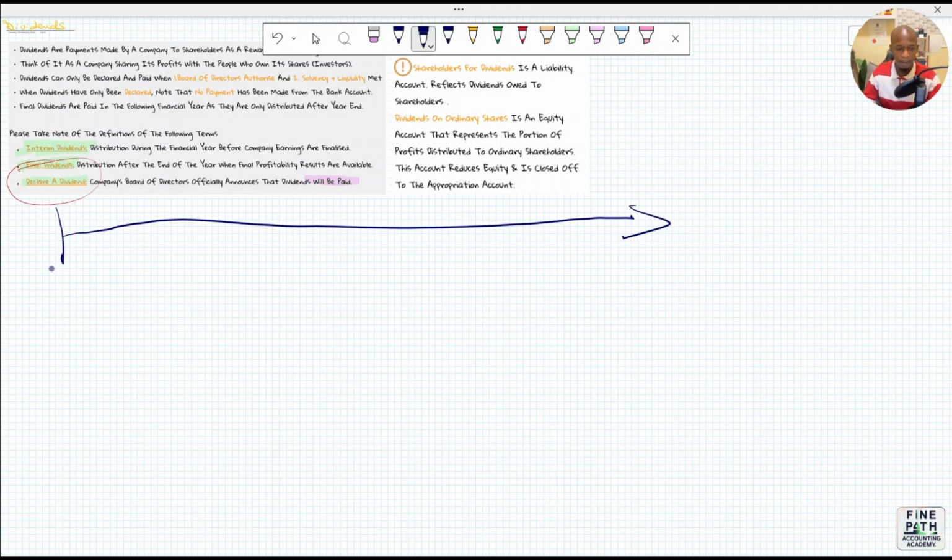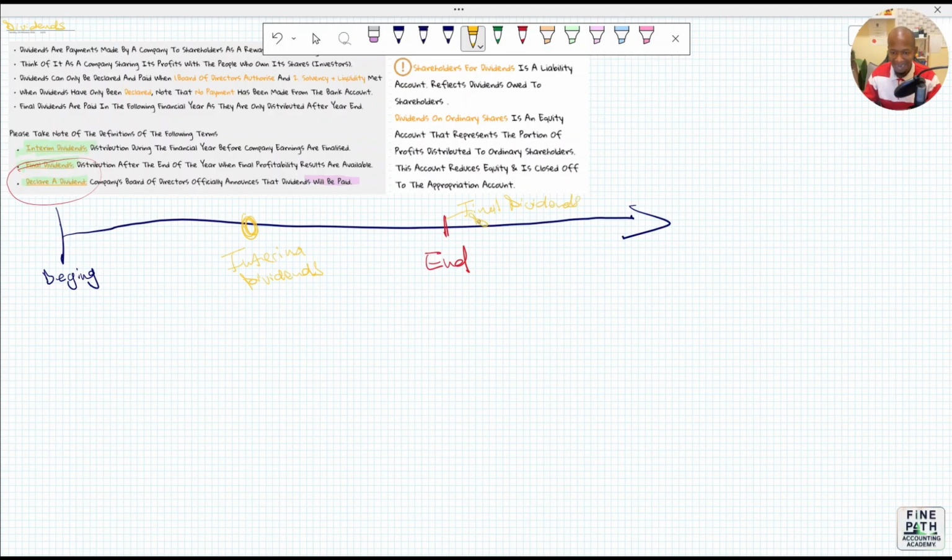So this is the beginning of the year, and then here it will be the end of the year, right? And then somewhere here there will be interim dividends. And then here there will be final dividends.